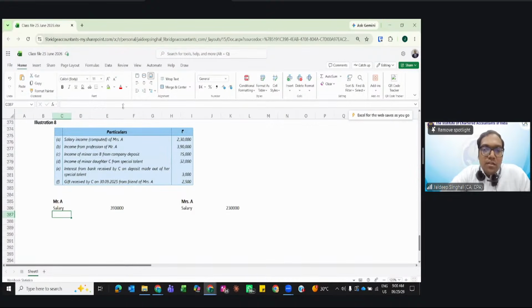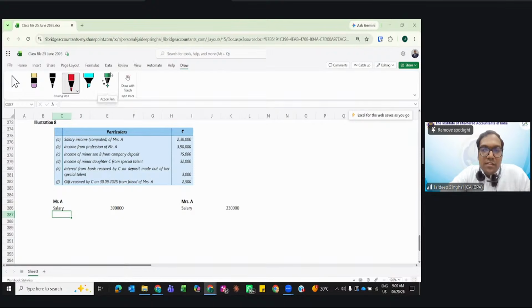Now they're giving the income of the minor son, income of the minor daughter, income received from bank deposit of C, and then C. They are talking about their children now. In these four, they're talking about the children. Now, whose income is higher?